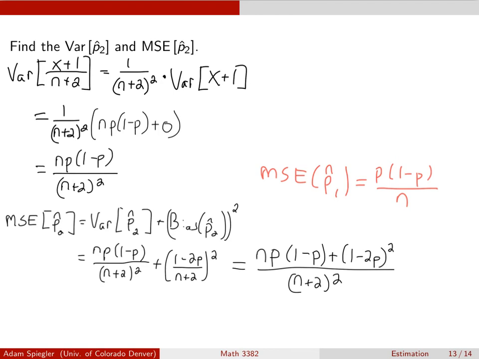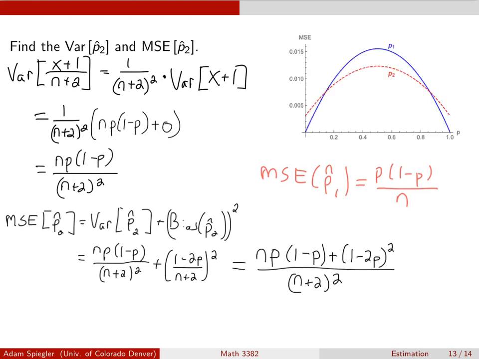It's really complicated to compare them by looking at these formulas. So we can plot the two of them on the same set of axes. So what we're looking at here in the graph in blue, this is corresponding to estimator p hat 1, which is using the usual sample proportion.